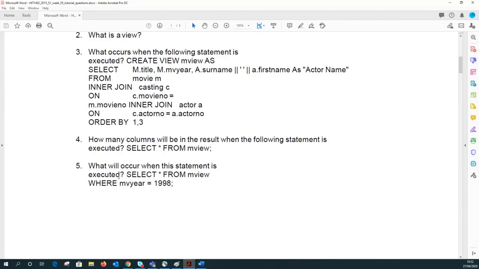What will occur when this statement is executed? Can you write your answers? I want you to write the answer. What will happen if this statement is executed? Take 2-3 minutes.